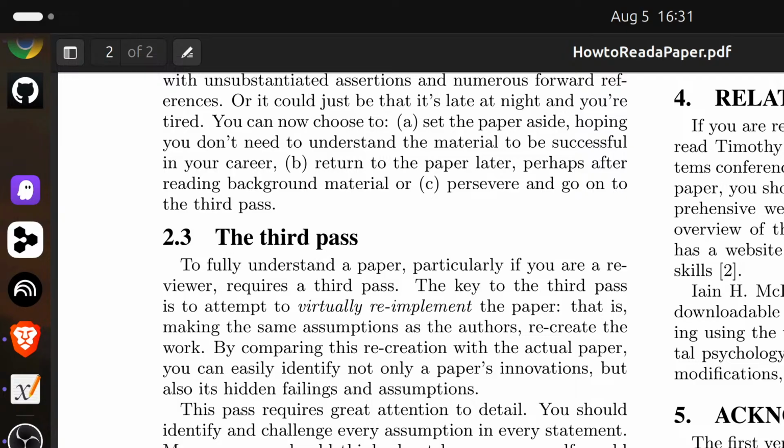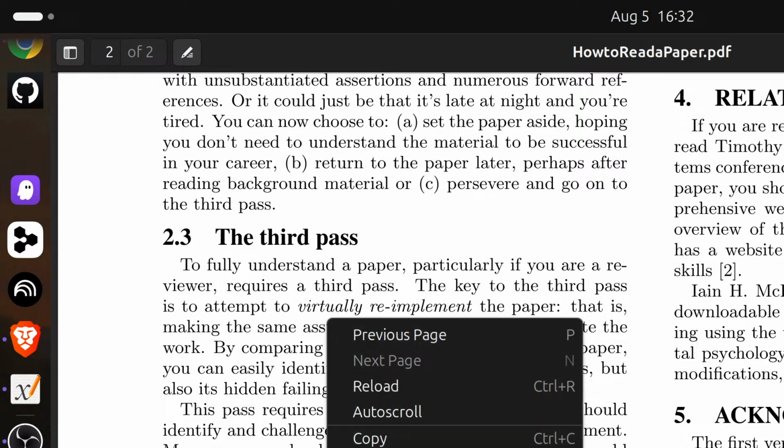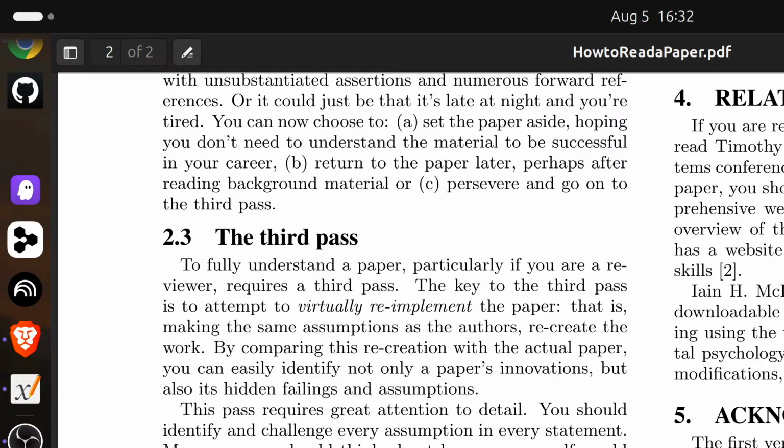Moreover, you should think about how you yourself would present a particular idea. This comparison of the actual with the virtual lends a sharp insight into the proof and presentation techniques in the paper, and you can very likely add this to your repertoire of tools.